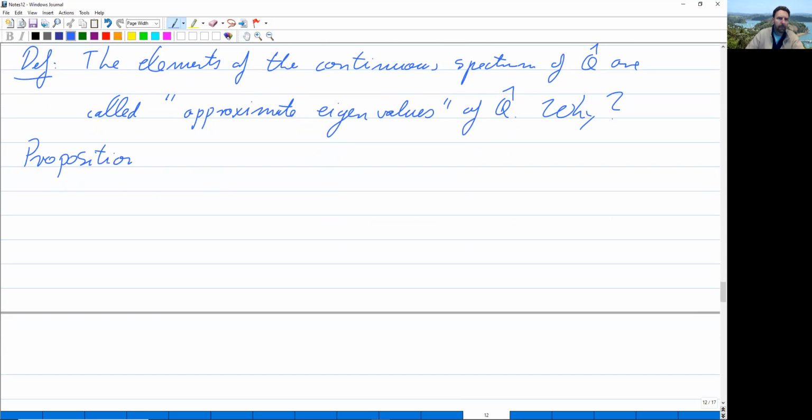Proposition of great physical significance.